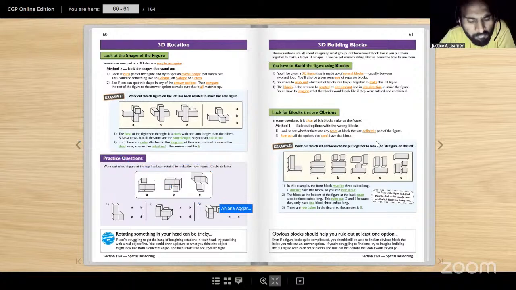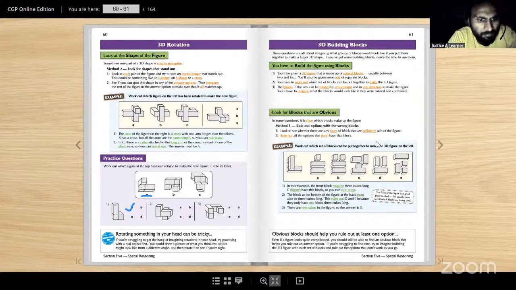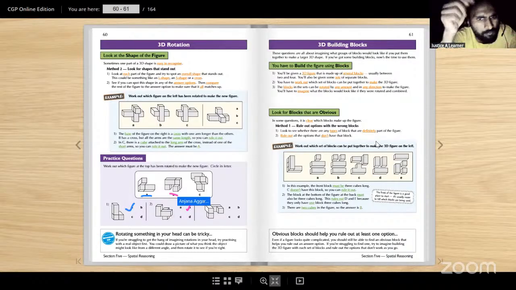Wait, let me understand this. A, B, C. Work out which figure at the top has been rotated to make the new figure.